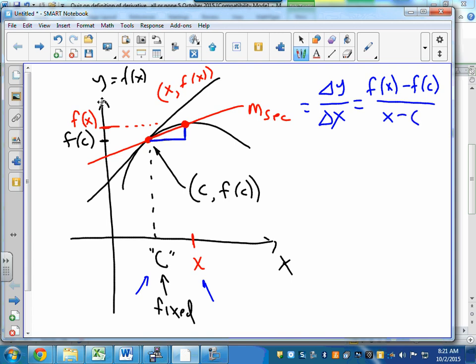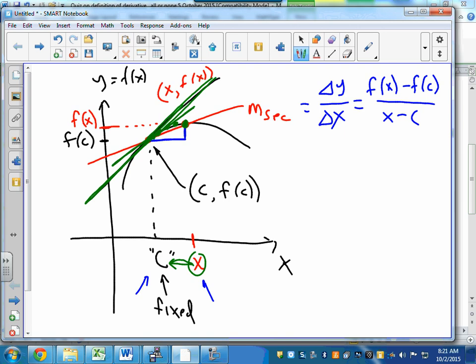Now what we want to do is we think, well, if this x gets really close to c, then this point will travel along the curve, and the secant line gets closer and closer and closer to the tangent line. And when x actually jumps right on top of c, then you have, in fact, the tangent line, which is what we're looking for.